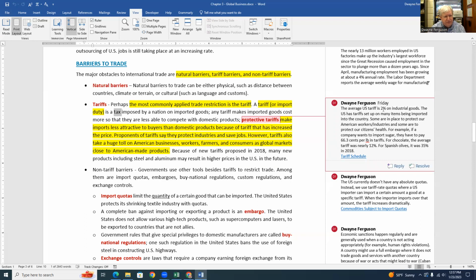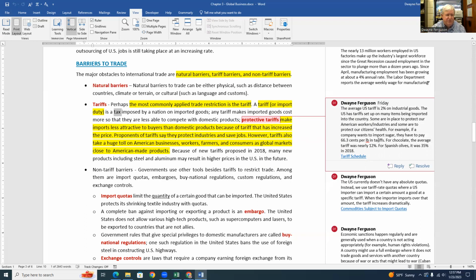Average is about 2%, which is not bad at all, really. But there are protective tariffs that we use to protect our own domestic industries. And I gave you some examples, like sugar, for example. 63 cents a pound is what you'd have to pay in tariffs to have it imported into the country.